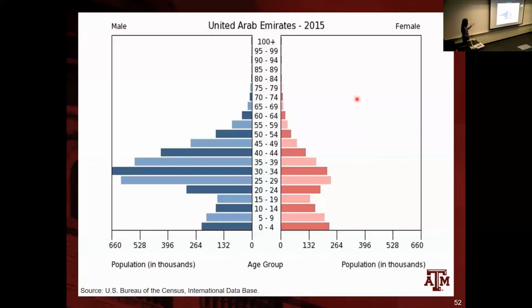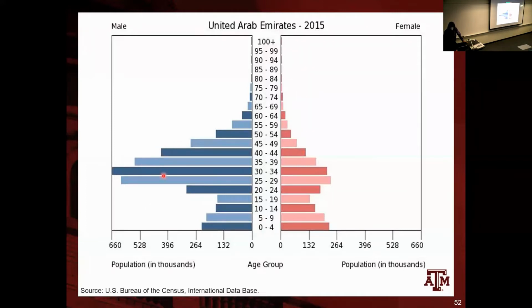In this case, it's telling the same story as the previous graph, but instead of dividing the number of men by the number of women in each age group to get the sex ratio for that specific age group, we show the two groups together, men and women. And we see exactly the same thing.